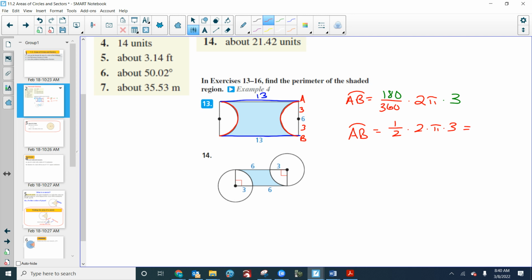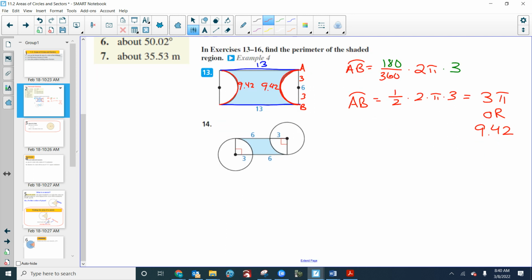So this is either 3 pi in terms of pi, or it is 9.42. Now, that is one of the arcs. Isn't this one also 9.42? And did they write their answer as a decimal? I'm trying to remember.